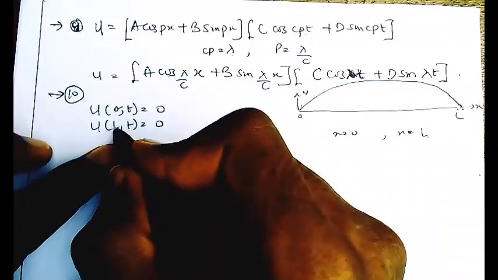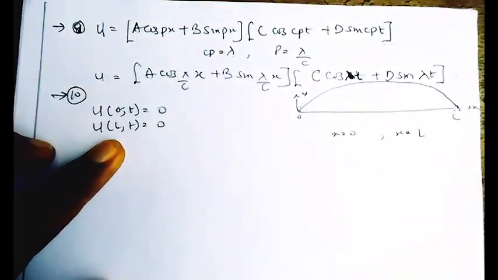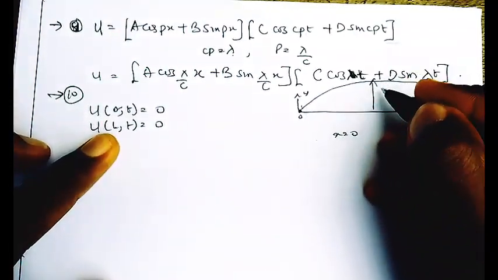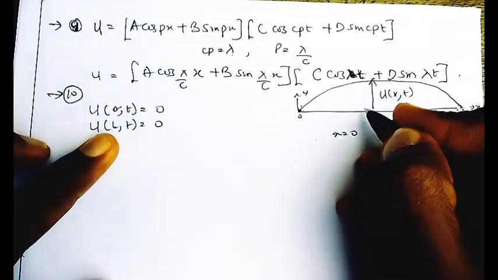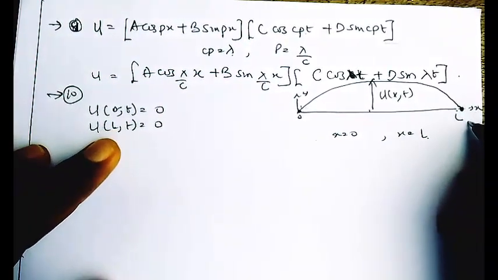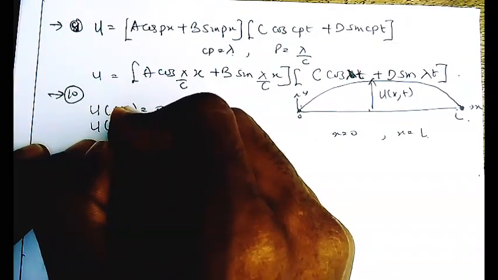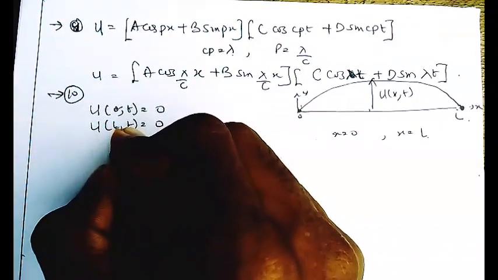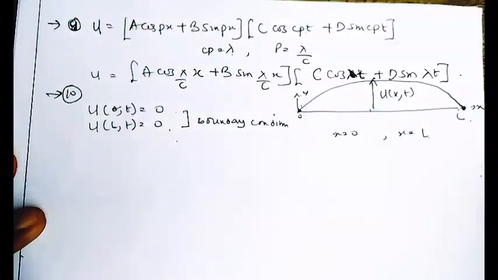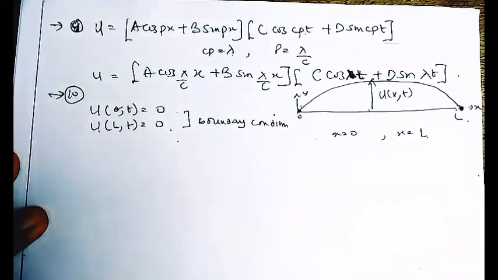This is when x equals 0 and when x equals L. Remember I said this is my maximum displacement, u, and u will be 0 at this point when x equals 0, and u will also be 0 at this point when x equals L. So this is my boundary condition, right? So now you're also going to be having an initial condition.